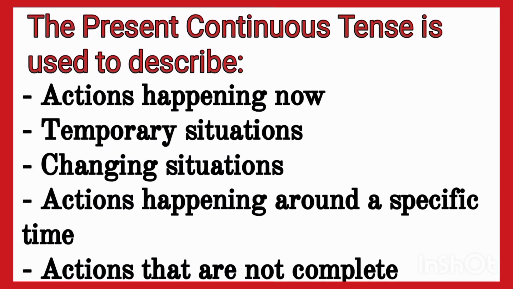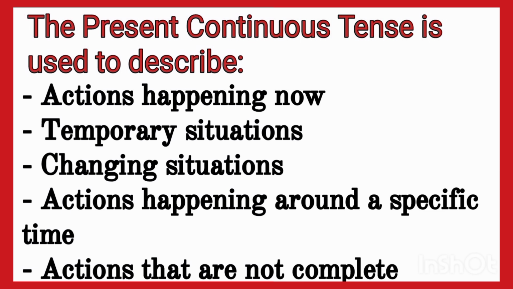The present continuous tense is used to describe, first, actions happening now, meaning something happening right now. Then temporary situations, and changing situations. Something will be changing. Now I am here. If I start going, I will reach there.